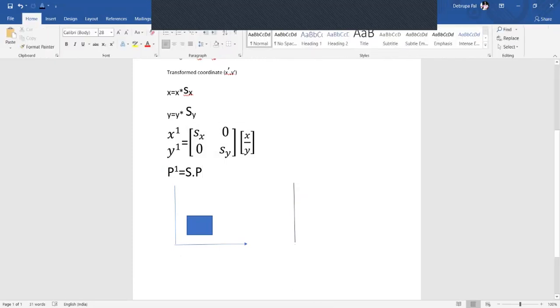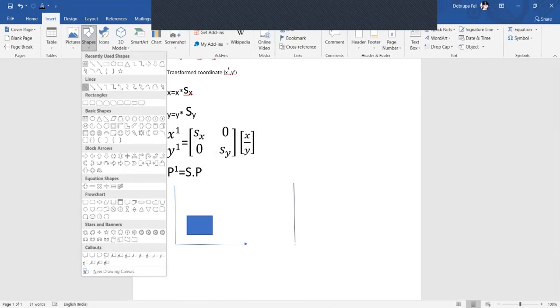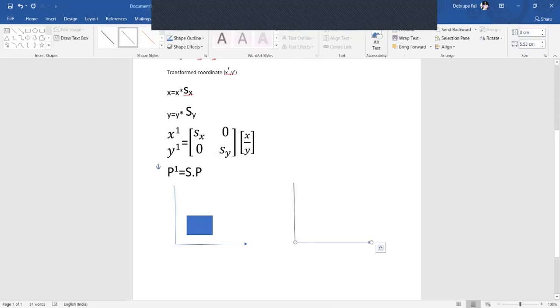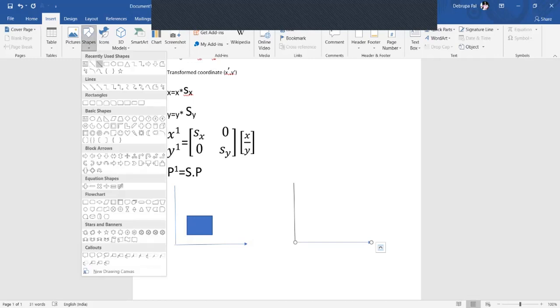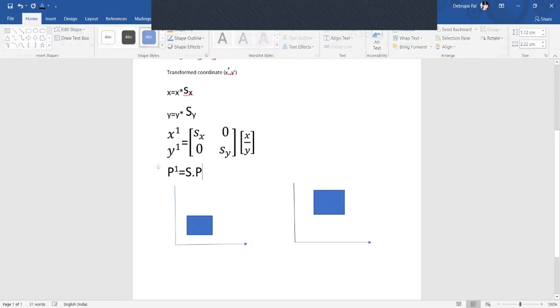It will look as... wait. Let me draw the y-axis. If we draw the y-axis and if we insert the shape, then the shape maybe after scaling will go to this place.